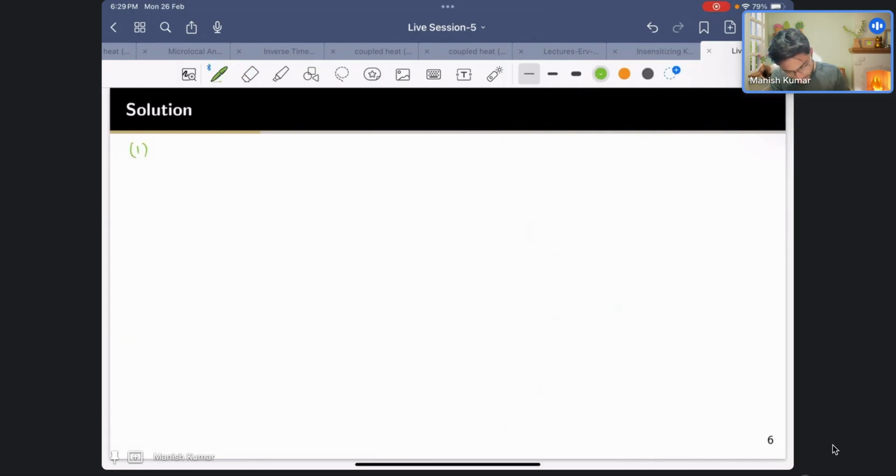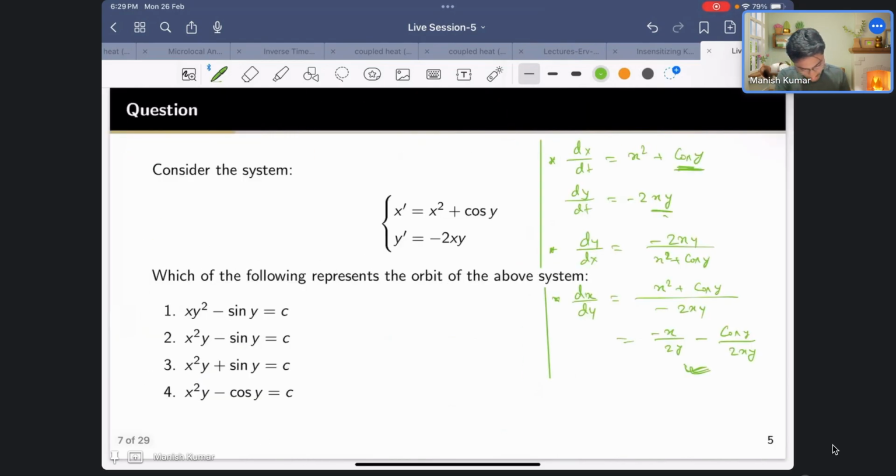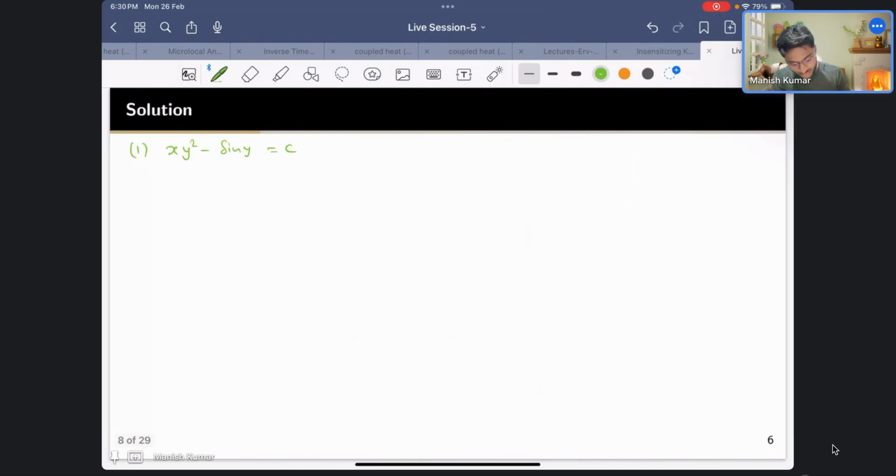So let us see the first option. We have xy square minus sine of y equal to c. Correct? This is what we have in option 1. Now I'll differentiate it with respect to t. Then what we have is x times 2y dy/dt plus dx/dt into y square minus cos y dy/dt equal to 0.